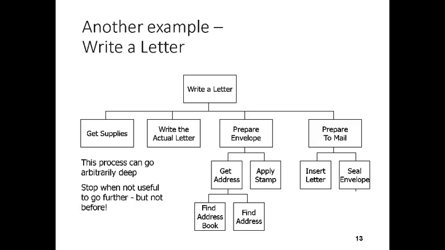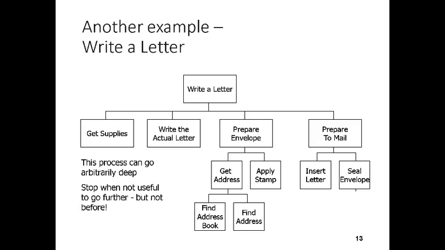And we can actually decompose these even further, like getting the address. To do this, you might find the address book and then find the address. And of course, we can break that down even further, finding the address book.